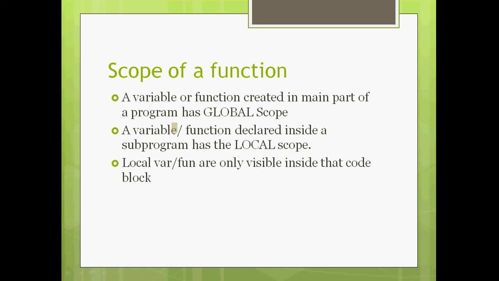It is not accessible outside the function. The lifetime is within that function code itself. Local variables or functions are only visible inside that code block. Outside, there is no life to it.